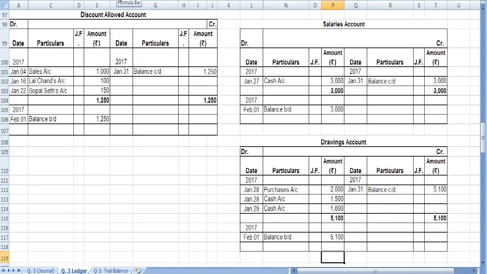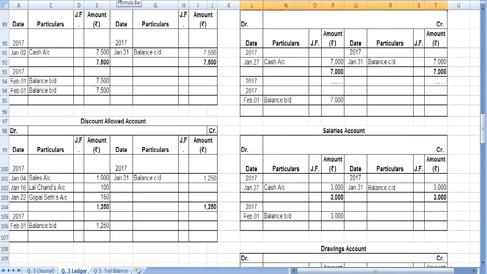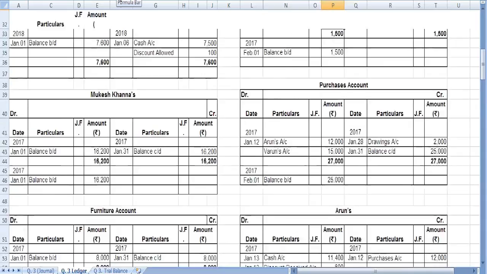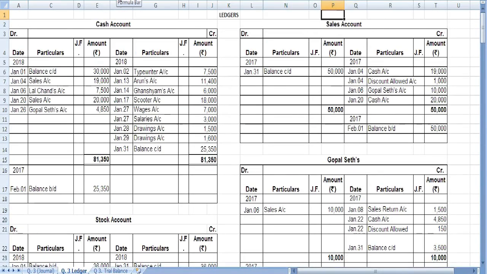Okay, so here don't repeat it individually, we have to make the accounts depending on the journal entry.